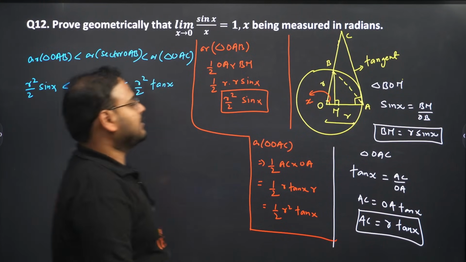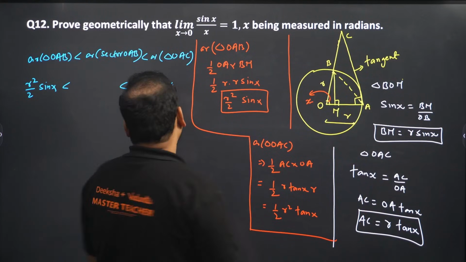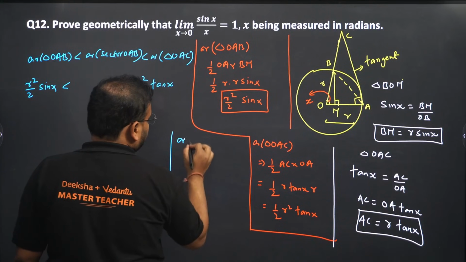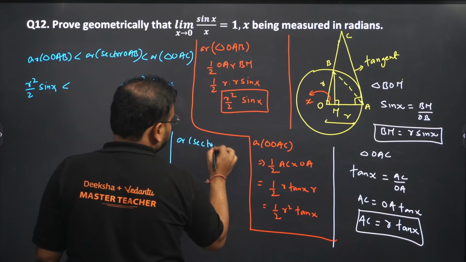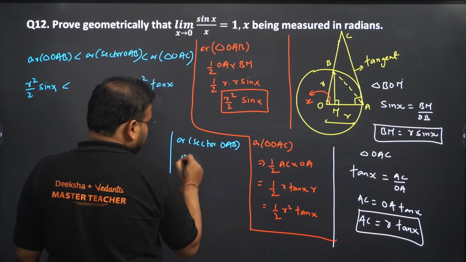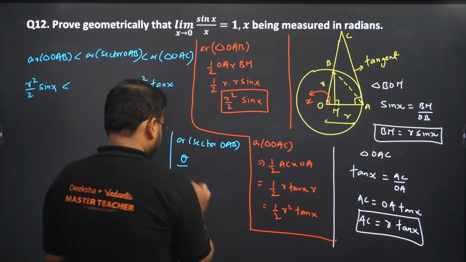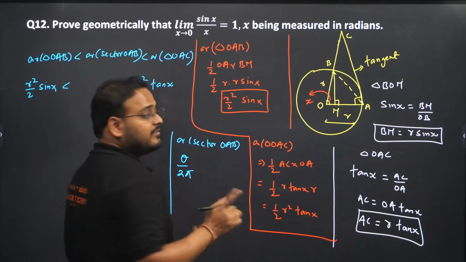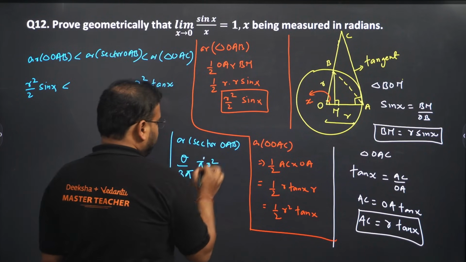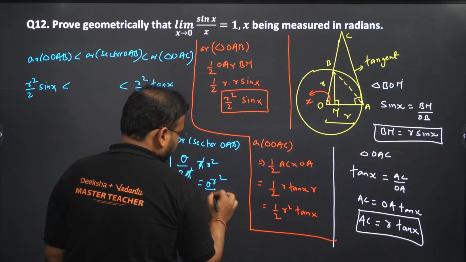How would you write the area of sector OAB? You write the angle, theta by the total angle, 2 pi, times the area, pi r square. Pi cancels. I get r square theta by 2.